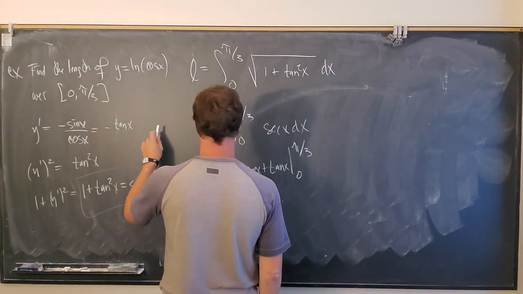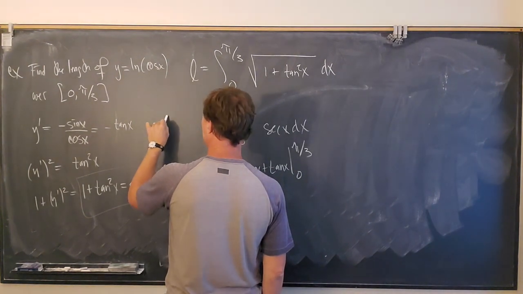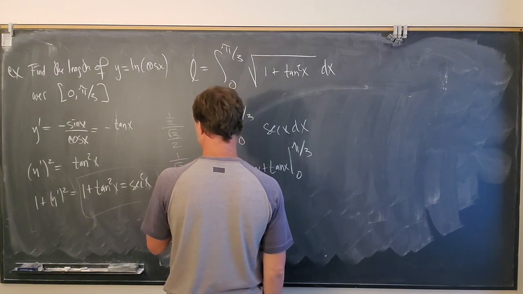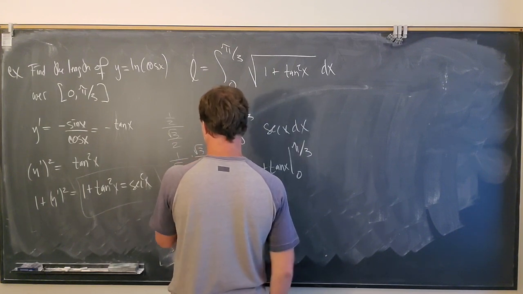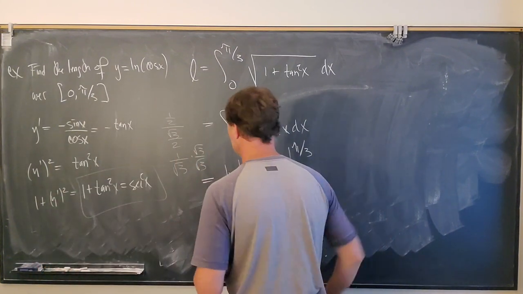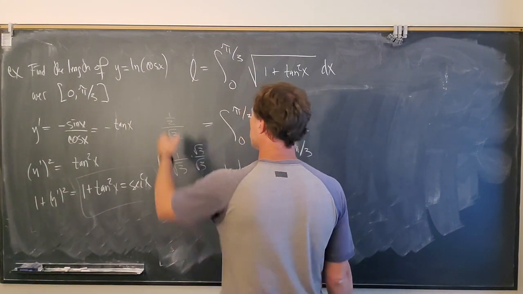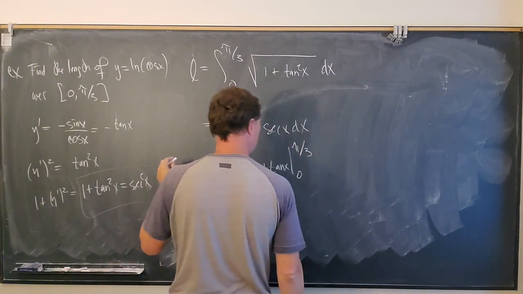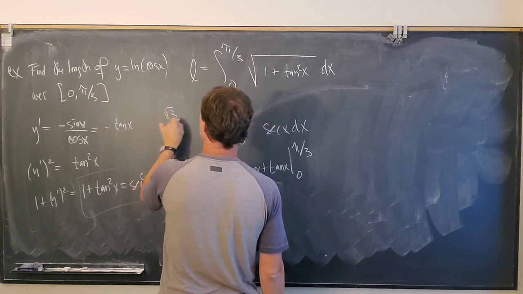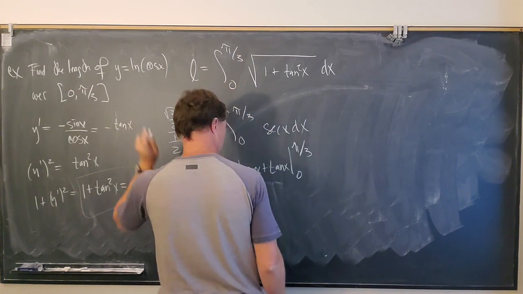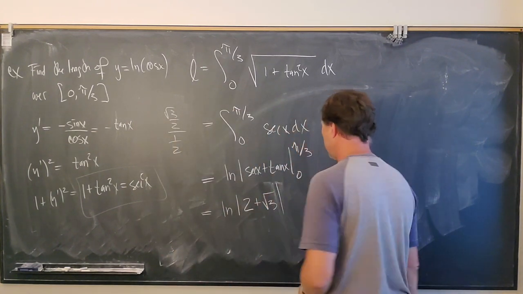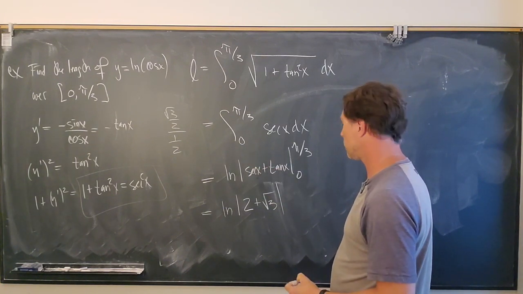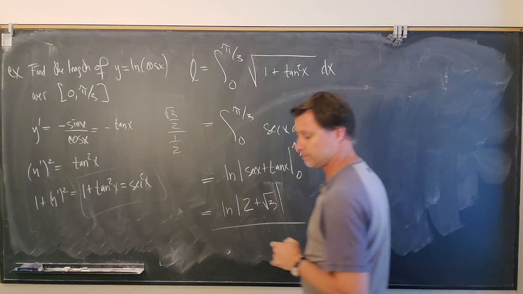Sine of pi over 3 is root 3 over 2, over cosine, which is 1/2. Yes, root 3. Sorry, it was root 3 to begin with. And when we plug in 0, we will get natural log of 1 plus 0, which is equal to 0. Right, so there is the answer.